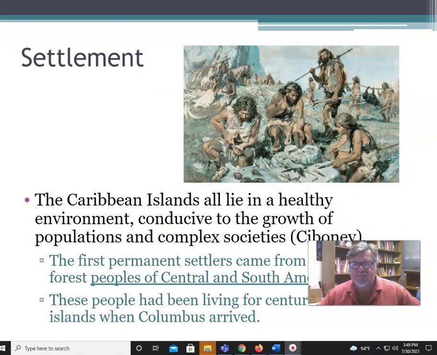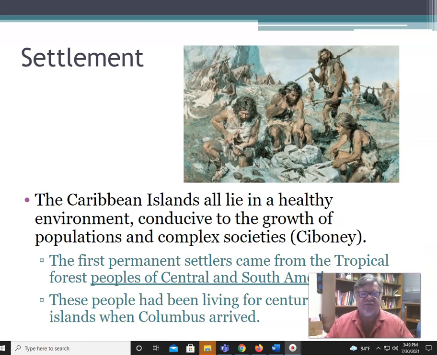One of these days. The settlement: the Caribbean islands all lie in a healthy environment conducive to the growth of population and complex societies. The picture I used here is an artist's rendering of the Stone Age peoples that lived in the islands.